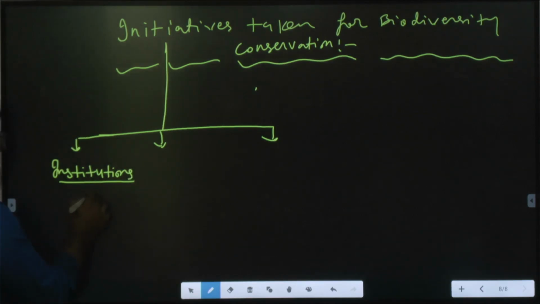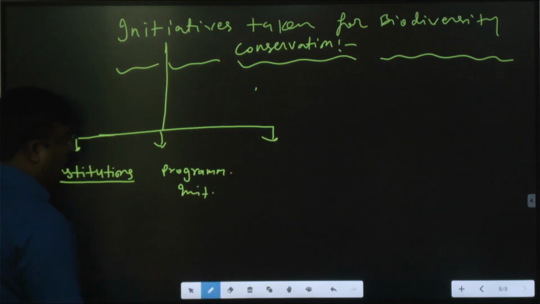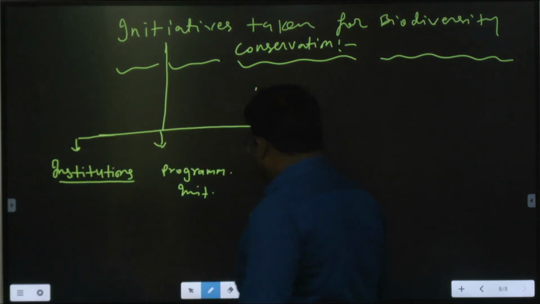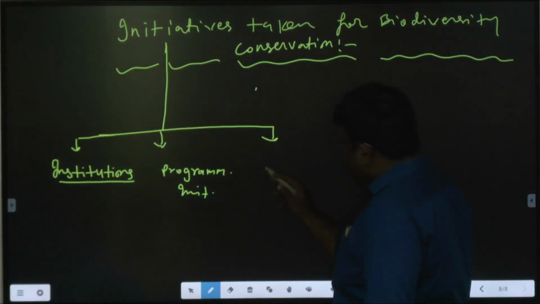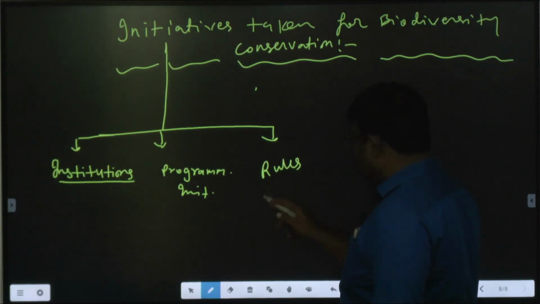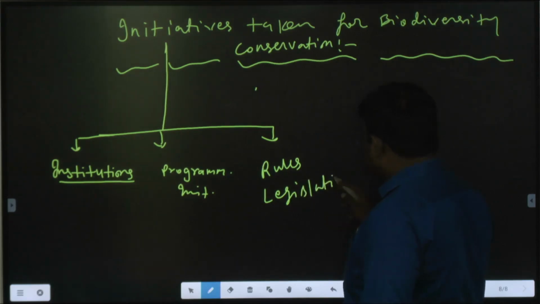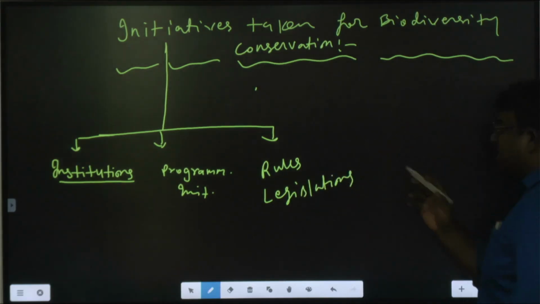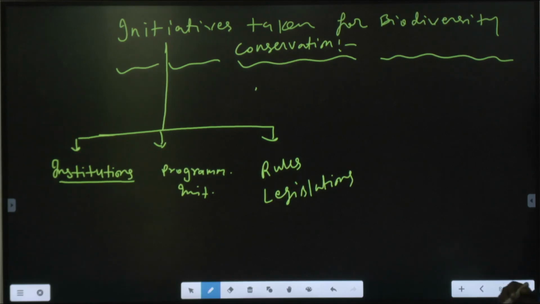And related to institutions, we have to talk about their programs and initiatives. And apart from it, we need to talk about some rules, or you can say legislations related to biodiversity conservation, right?